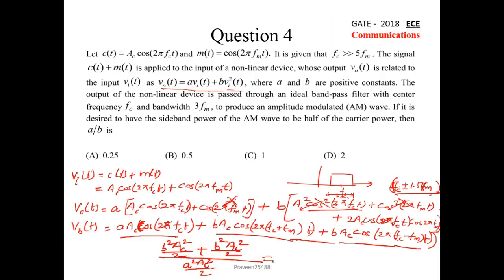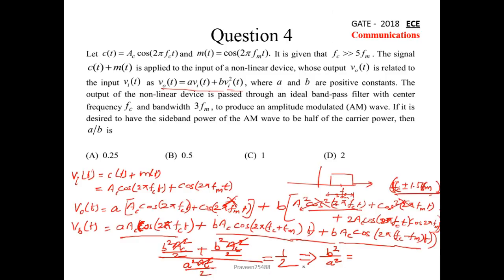So it is given that this is equal to 1 over 2. It is desired to have the sideband power of the AM wave to be half of the carrier power. So this is equal to 1 over 2. On simplifying this, AC square would be cancelled out. B square by 2 will be B square upon A square.